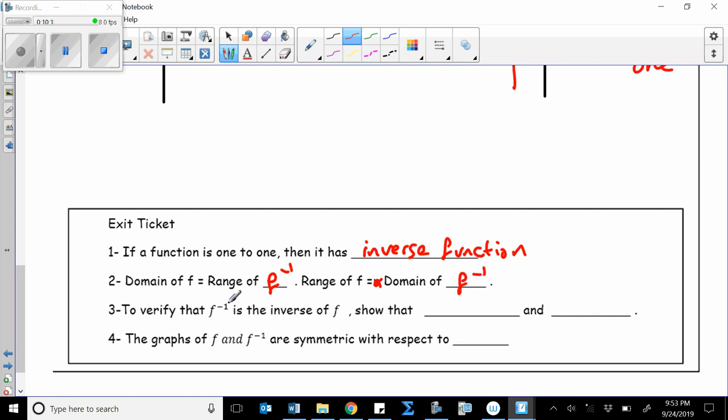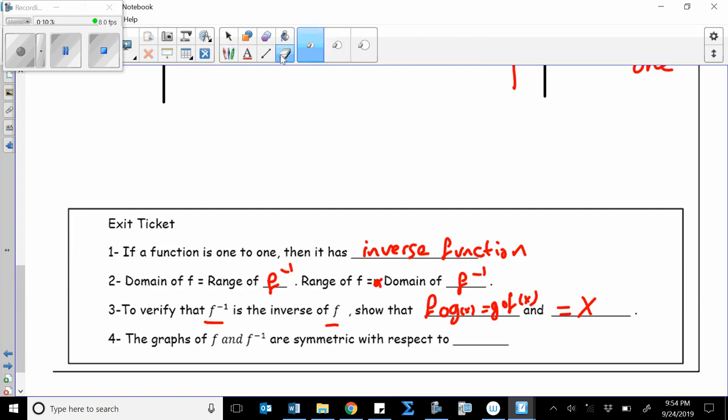To verify that f negative 1 is inverse of f, show that f of g of x is equal to g of f of x, and they both equal to x. So that's what we need to prove in order to verify f and f negative 1 are inverse of each other. You could also write it in this way because we have f and f negative 1.